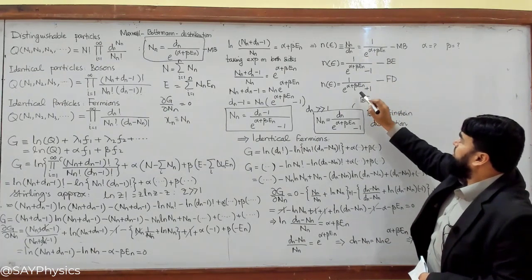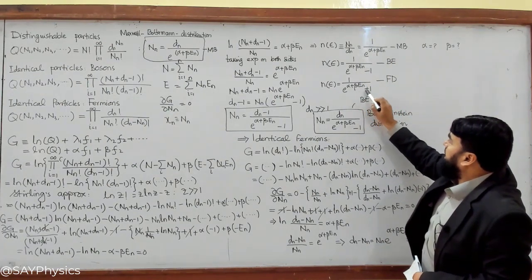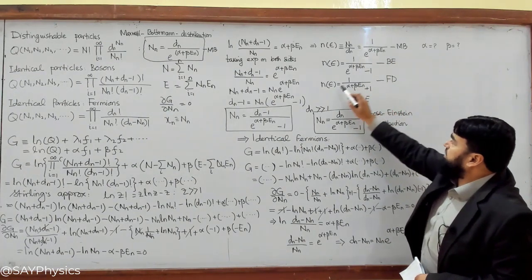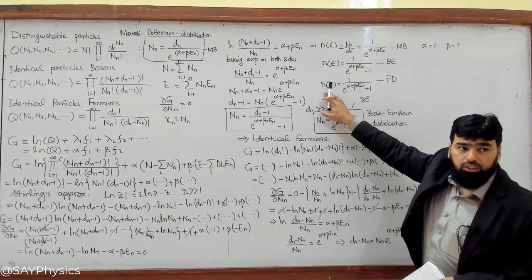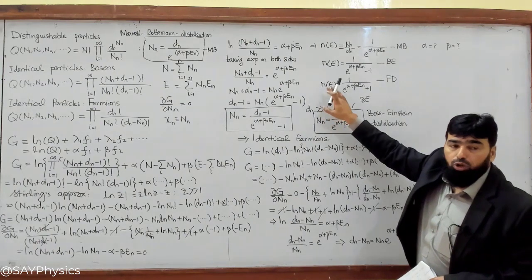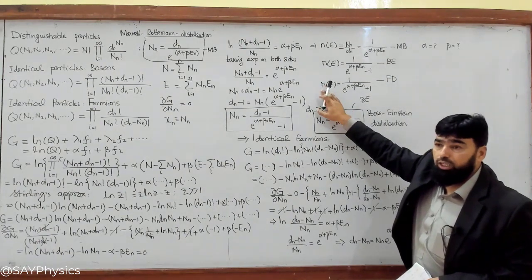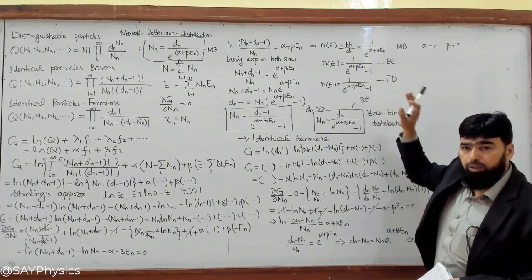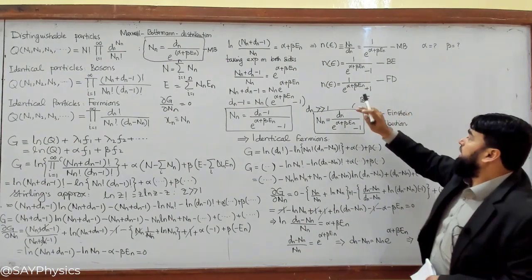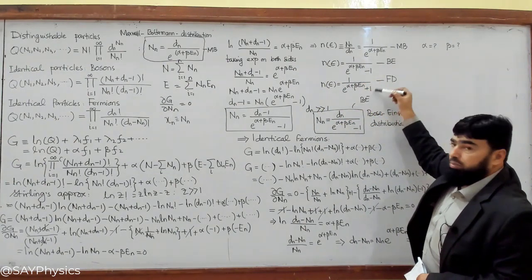Look here, first this is a number, the occupation per state. So if you have a number on this side, then a number should be on the other side as well, from the dimensional point of view. So this means it's a number.